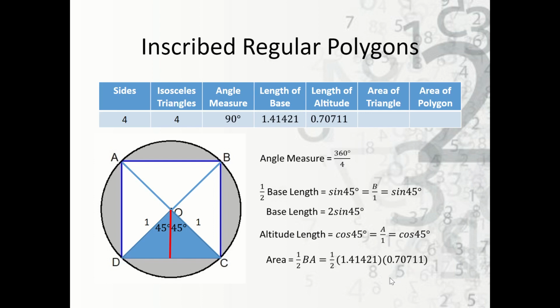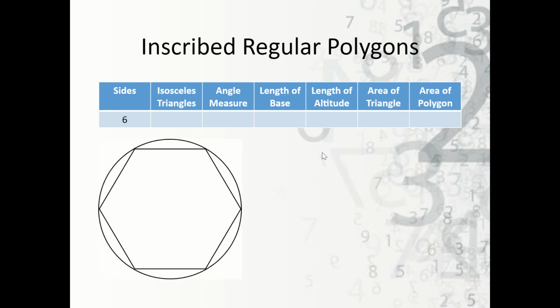And when we enter that into our calculator, we get 0.5 as our area. So each of these triangles has an area of 0.5. Well, the area of the polygon then is 4 of those, because there's 4 triangles, so 1, 2, 3, 4. So if we multiply 0.5 times 4, we get 2. So that's how we can fill in our table for a 4-sided figure.